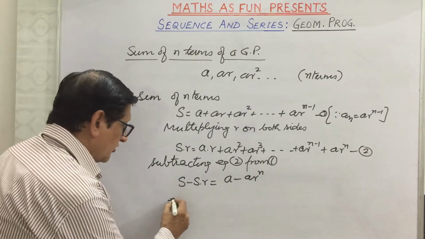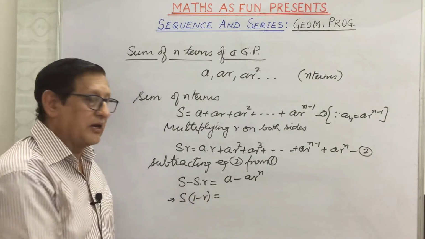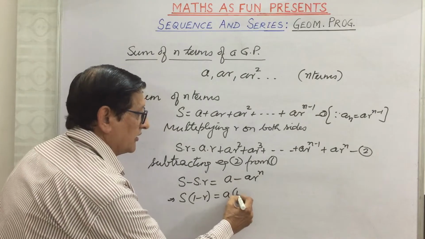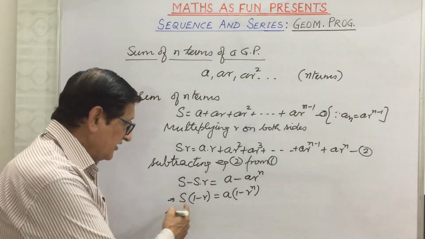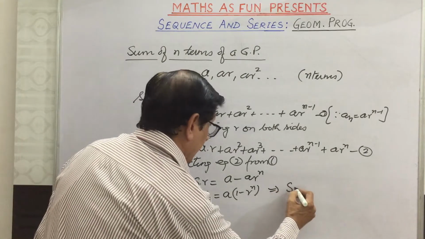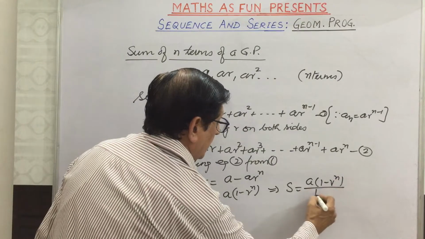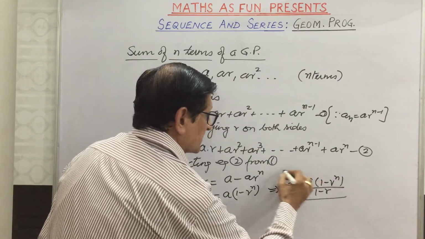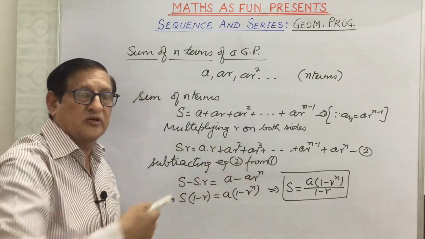If we take S common from here, this comes as 1 minus R. And here if we take A common, here it is 1 minus R power n. So we get from here that S is equal to A into 1 minus R power n upon 1 minus R. This becomes the formula to find out the sum of n terms of a GP.